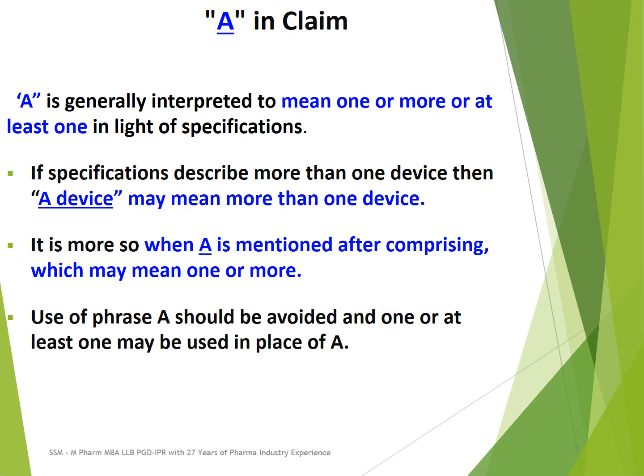So "a" is being interpreted very broadly. Use of the term "a" should be avoided, and "one" or "at least one" may be used in place of "a" in order to avoid ambiguity.